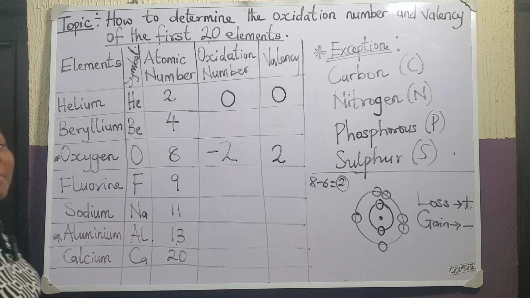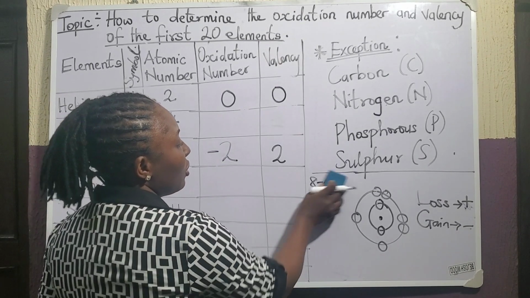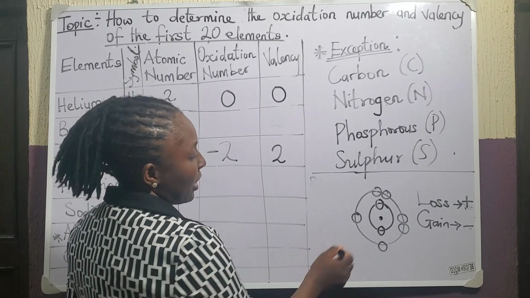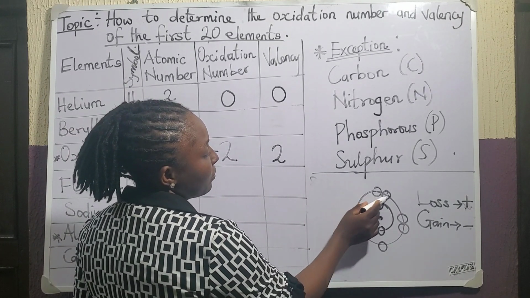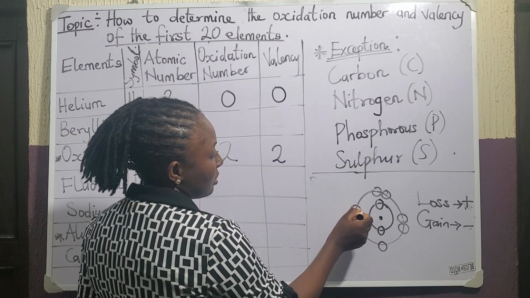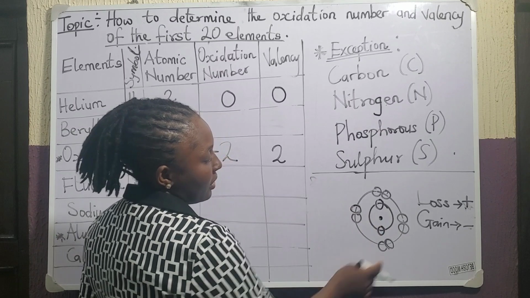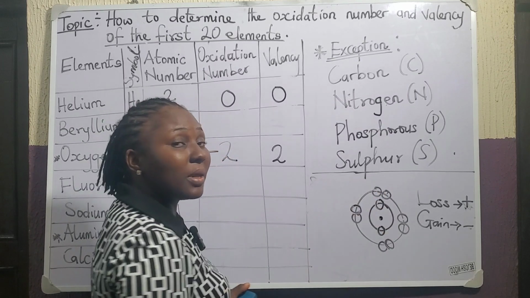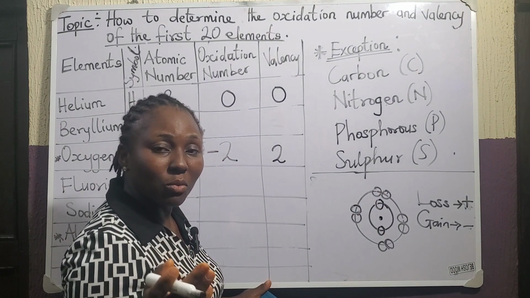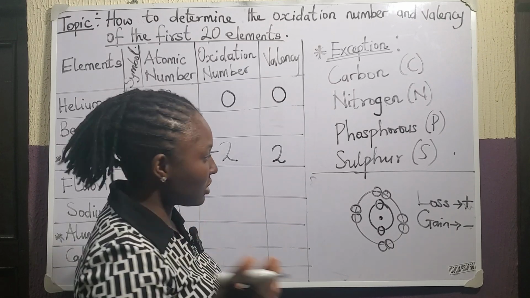Now let's quickly look at aluminium. Aluminium with atomic number 13. Let's draw the structure of aluminium. We have 1, 2, 3, 4, 5, 6, 7, 8, 9, 10. This second shell is complete, but a neutral atom of aluminium still has 3 electrons extra.